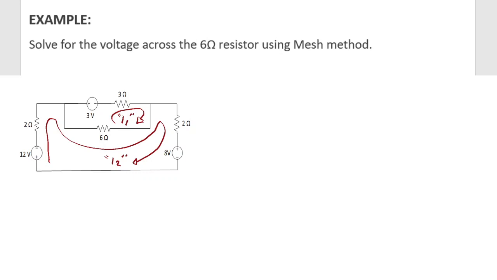Then you form the KVL equation. Let's form the KVL equation at I1. But listen carefully, how is it being done? For I1, it passes through first this voltage source 3 volts, and as you can see, the I1 in this loop enters the positive, then leaves the negative. That would be a negative 3 volts.